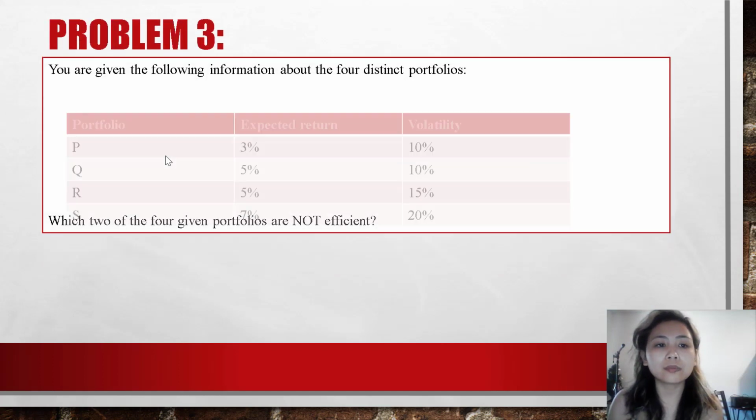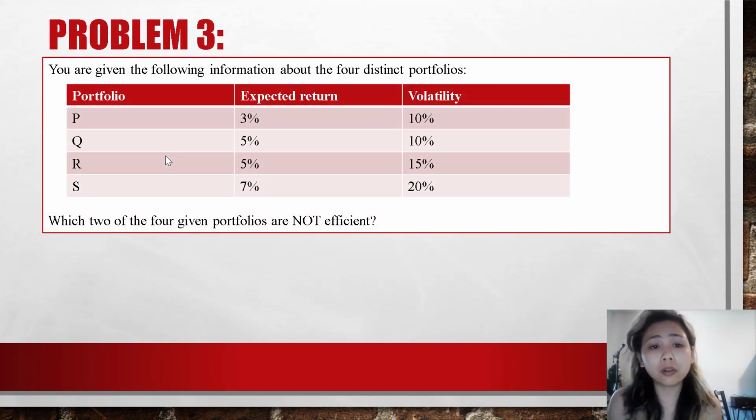Alright, problem number 3. You are given the following information about 4 distinct portfolios. We have P, Q, R, and S with their expected return and volatility. Which 2 of the 4 given portfolios are not efficient? Usually, to justify whether a portfolio is efficient or not, we look at the diagram, and whatever is on the capital market line is efficient, otherwise it's not.